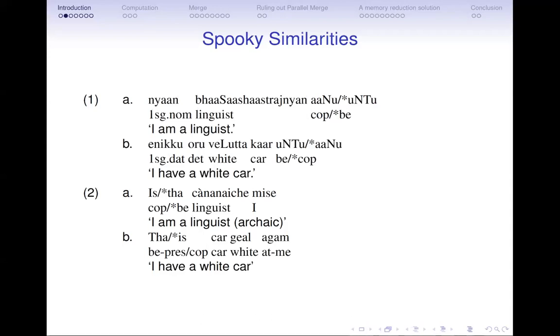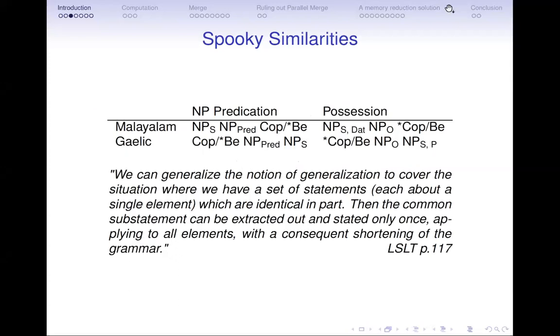But if we turn and look at possession, you can use the exists-type verb and you can't use the copula. So 'tha càr geal agam', I have a white car, and not 'is càr geal agam'. There's a kind of interesting commonality there between how these concepts are expressed in the grammar of these different languages.